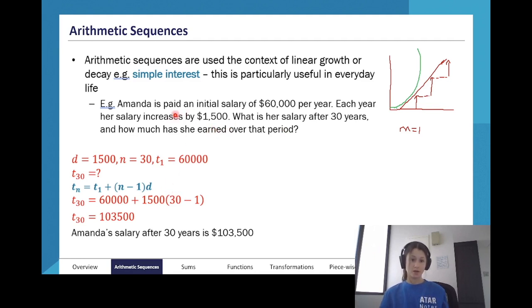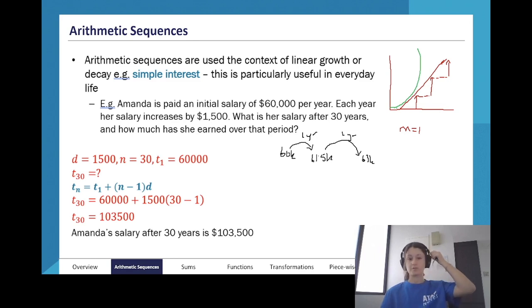So, if Amanda is paid an initial salary of $60,000 per year, this is going to be our first term, right? Because she's paid $60K. With each year, she's going to be paid an additional 1.5K, but her initial value is going to be 60,000.